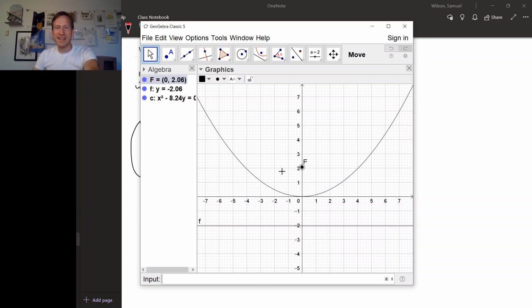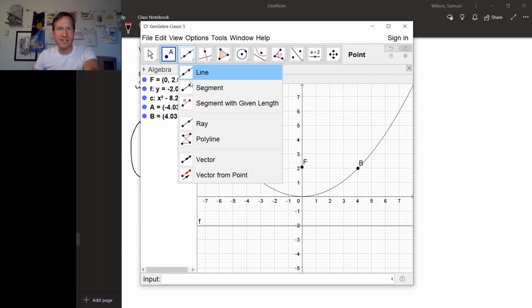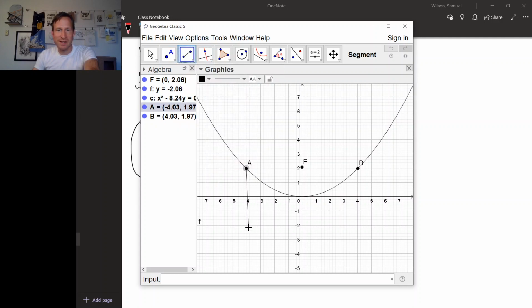So let's just measure all of these distances. First, we need the points that are even with the focus. So that's going to be something like here and here. And let's measure the distance from that point down.